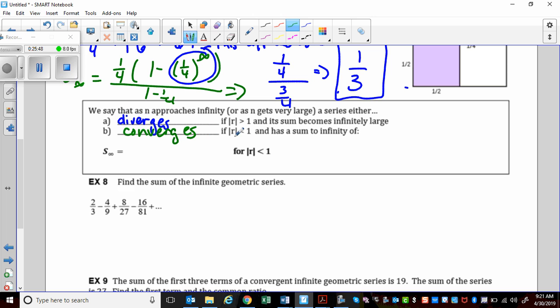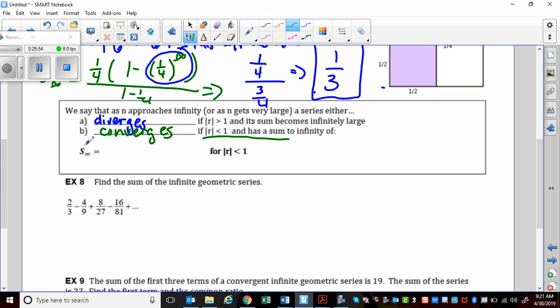And this is really what we want in order to find the infinite series. Otherwise, it's just infinity. So S sub infinity is the initial always over 1 minus r. This works if the absolute value of r is less than 1, if it converges. So we can do this.